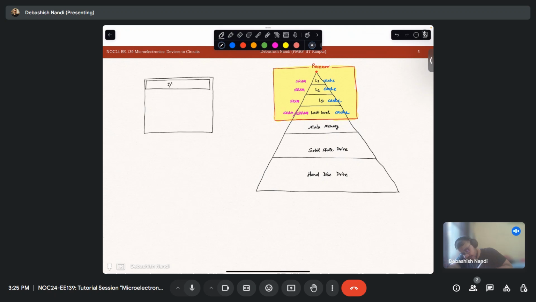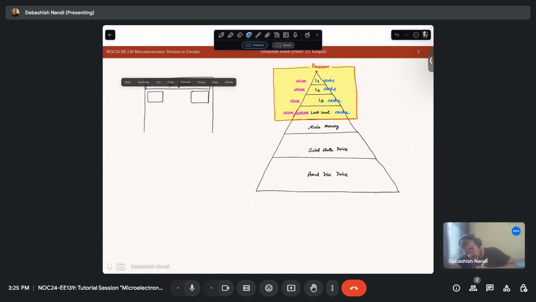Let's say this is some IO blocks, which is not of interest to this discussion. And let's say we have a total of 8 cores.